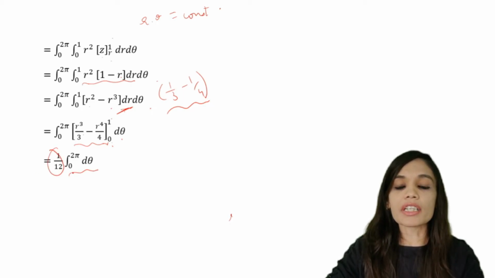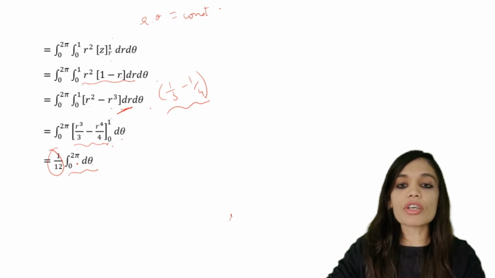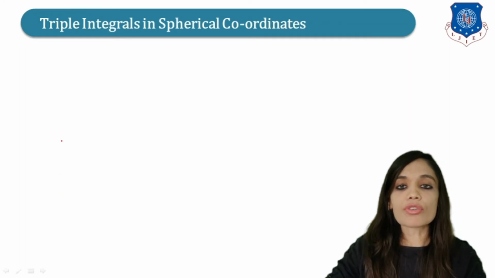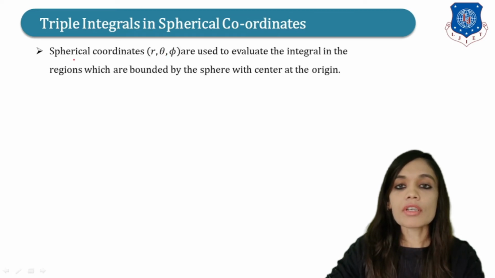And what will remain? Integration 0 to 2 pi d theta, right? Now integration 1 d theta will be equals to theta, and the limits are 0 to 2 pi. Finally put the limits. So you will get your answer as what? Pi by 6, right?